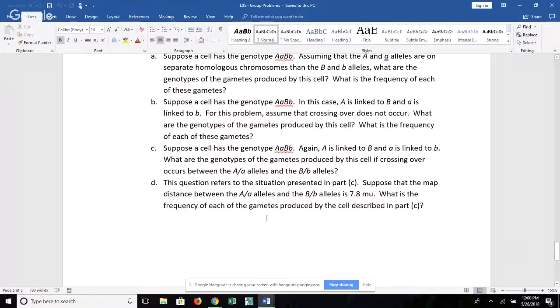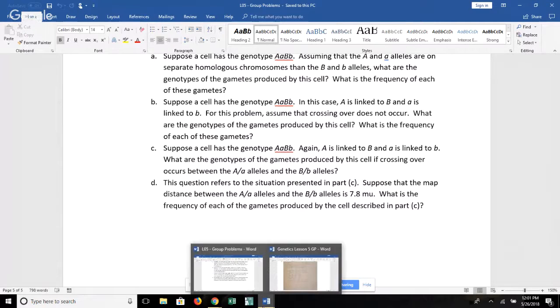For part C, it says, suppose a cell has a genotype dominant A, recessive B, dominant B, recessive A. Again, A is linked to B. What are the genotypes produced if crossing over occurs between the A alleles and the B alleles? So for this one, it says crossing over does occur, not that it may occur, which means it's going to have to occur.